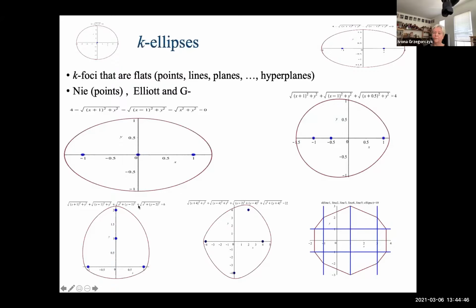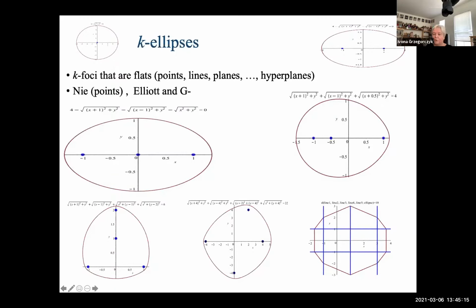What's more, this condition that you have to be at a certain distance from a point happens to be not enough. You may want to be a certain distance from a line. So you see the blue things are foci. I want the distance, or say I have this point, I want this point to be at a given distance from this line, this line, this line, that line, and that line.